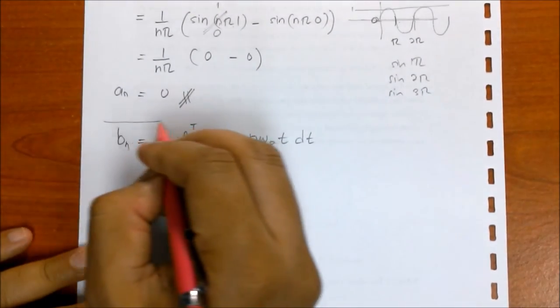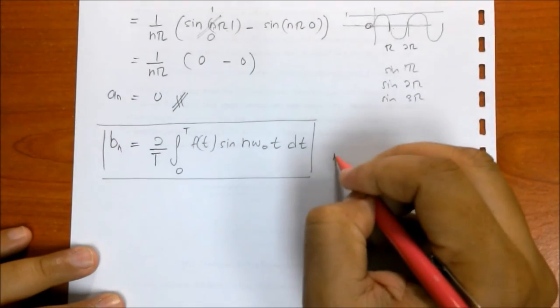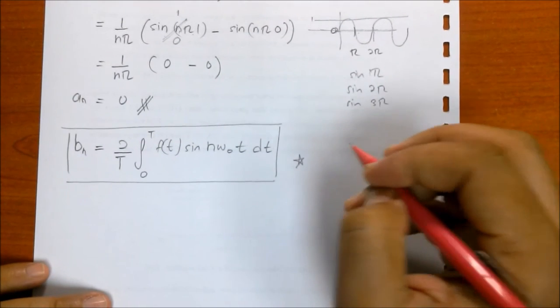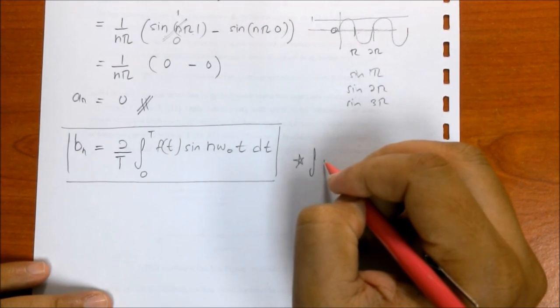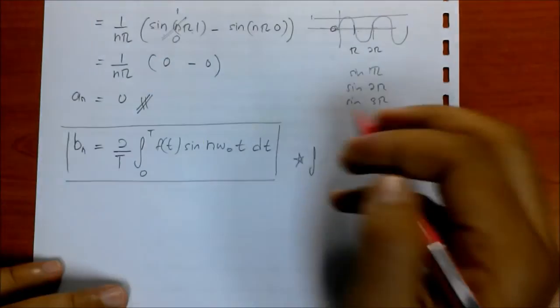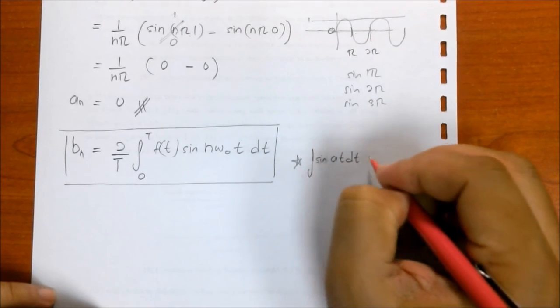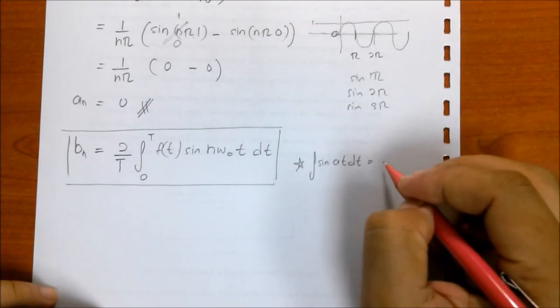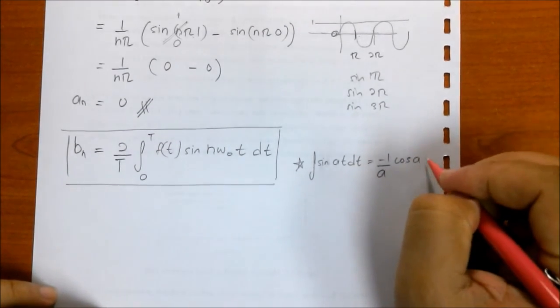So this is the equation, and again the equation for integration of sine at dt will give us negative 1 over a cos at.